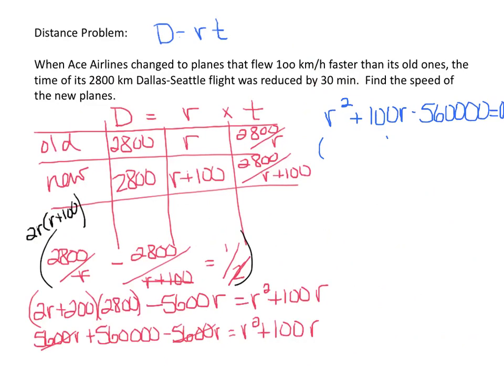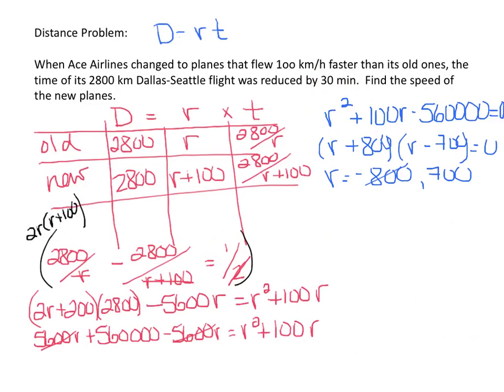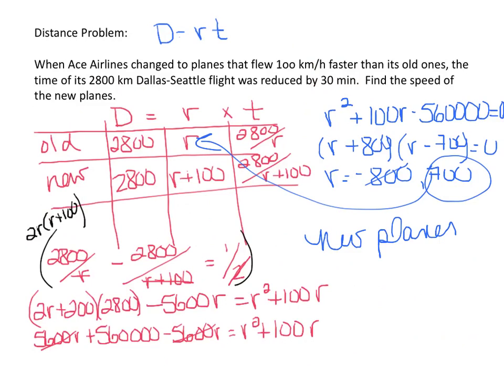And so then I factor. Well, we know it can't be negative 800, so r is 700, which means my new planes go 800 kilometers per hour.